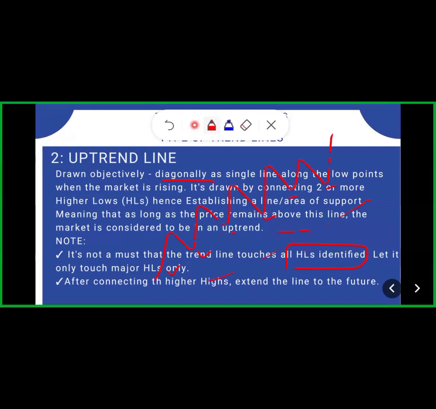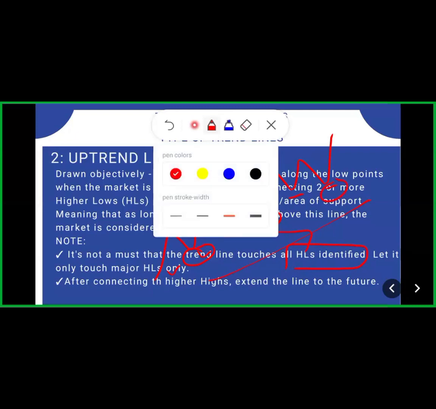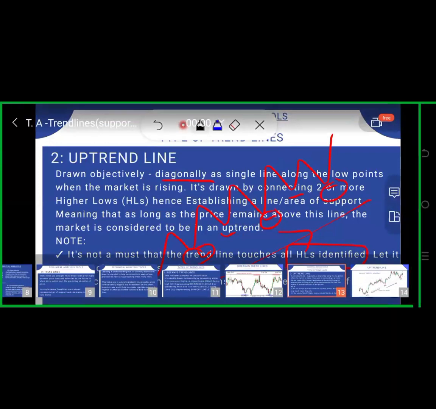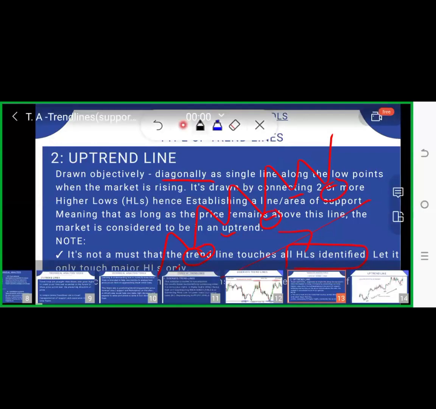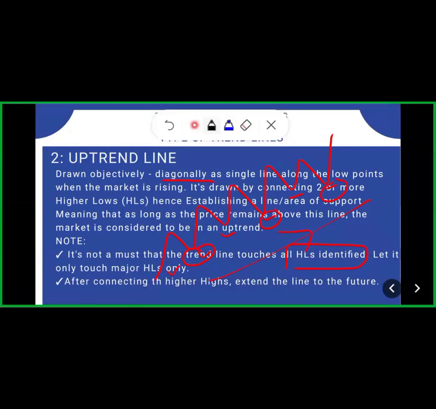Then you just connect. For example, if you can say, I want to connect this part and that part. If you try to draw, you're going to realize that in the process of connecting this point, you're going to have something like this. You'll have some line like that. Now you take note that this point has touched, this point has not touched.